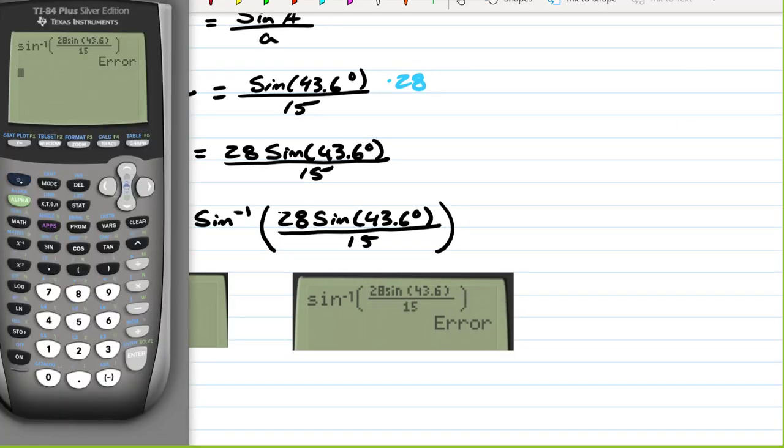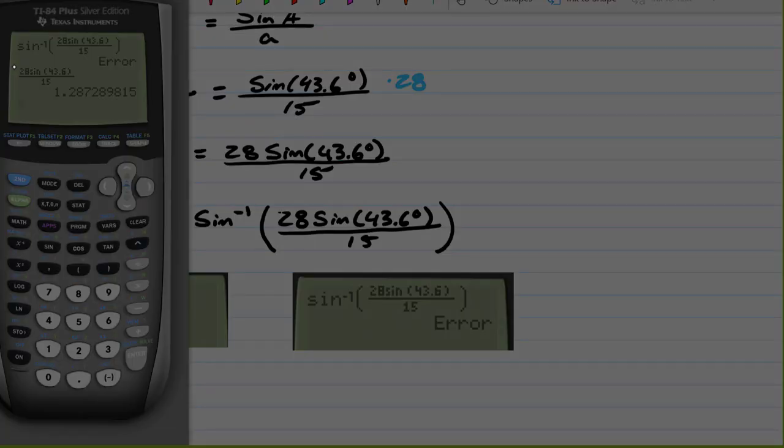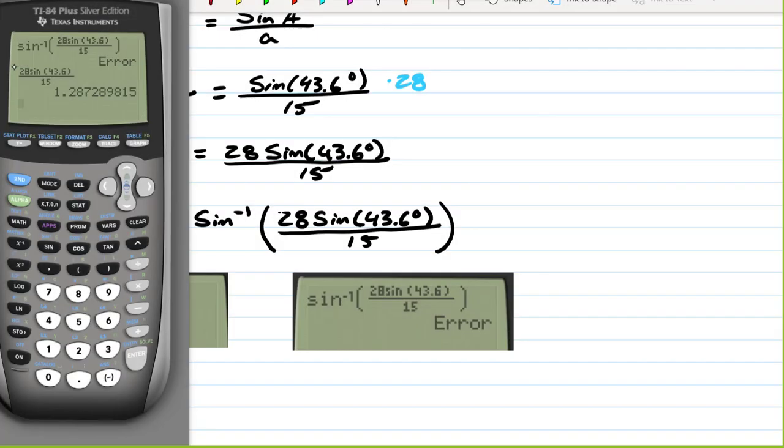So let's get rid of the sine inverse. If I press enter, 28 times the sine of 43.6 divided by 15 gives us 1.28. Well, that's our problem. What is the domain of the sine inverse function?